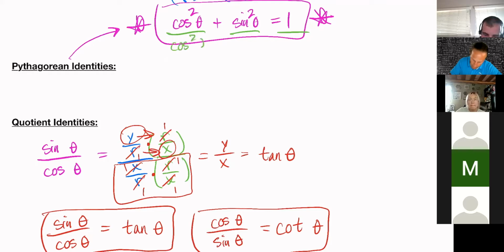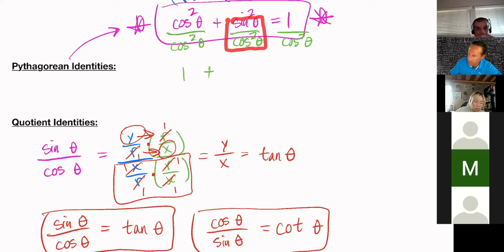Perfect. I'm going to divide. Now remember, if I want to keep it equal, I got to do it equally to everything. So what is cosine squared theta over cosine squared theta? 1. Careful. What did we just get done saying sine theta over cosine theta was? Tangent. Since they're both squared, we will write tangent squared.